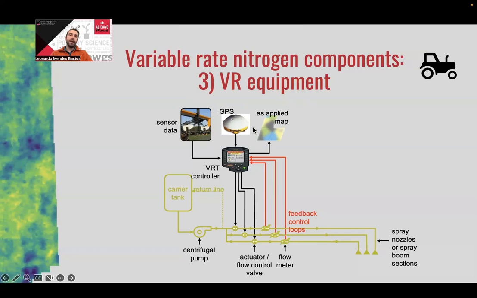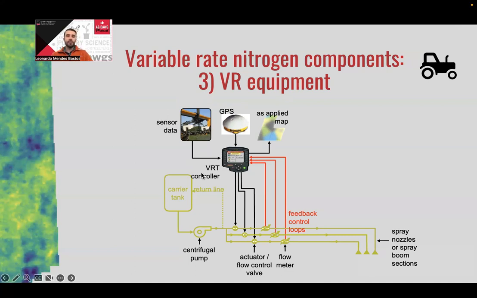Instead, we have the map that we're going to produce in the exercise that follows. We're going to bring that application map into the system instead of having on-the-go sensing like this is showing. That system has a GPS, so it knows where it is on the field.